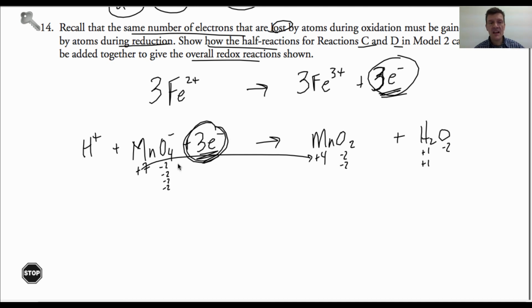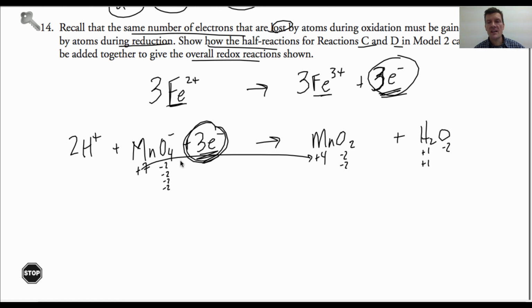Now I can add my equations together. Actually, I would also check first that my elements are balanced. I should have done that first. In this equation, before I multiplied by 3, I had 1 iron and 1 iron. Those were balanced. Down here, I should have really balanced my elements first. I had 1 oxygen here and 2 on this side, so I should really double this.